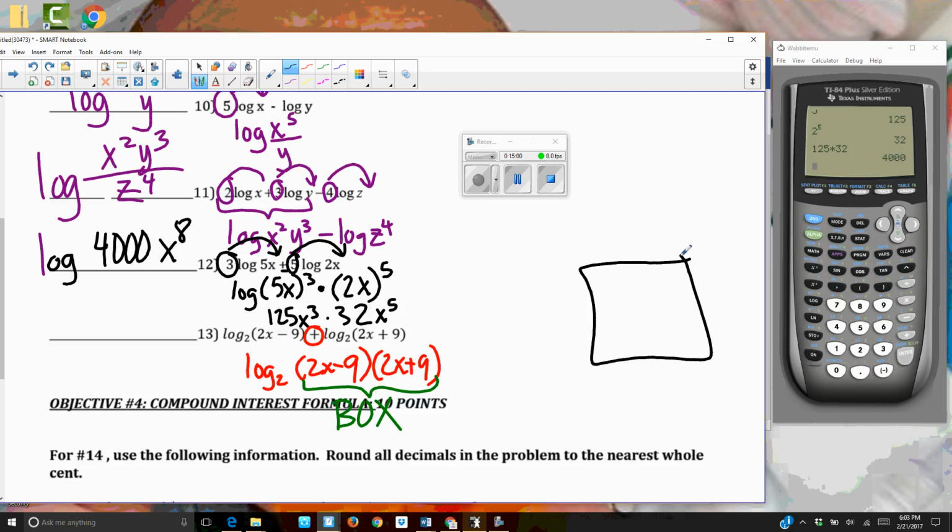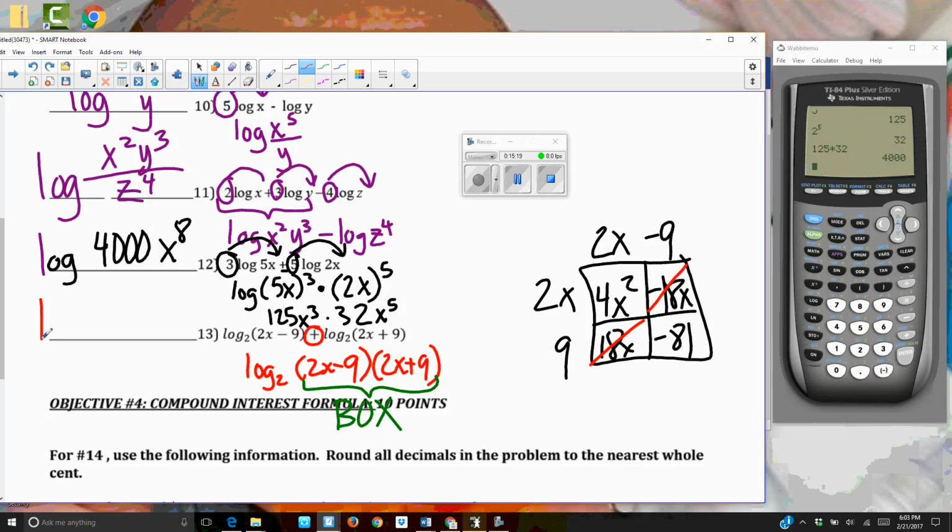Key is recognizing that you have to use box. The box in itself is not a problem for most of you guys. Notice those middle terms cancel out. So our answer to this problem is log base 2 4x squared minus 81. Those are conjugates, so that's why everything canceled out for this problem.